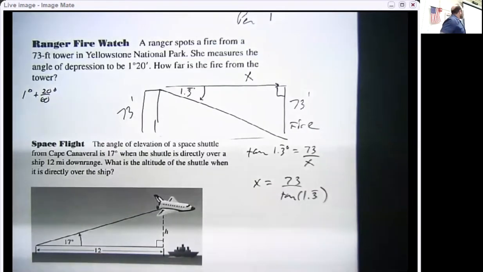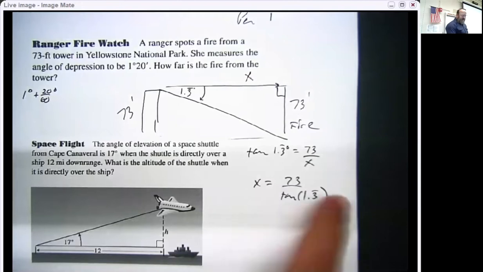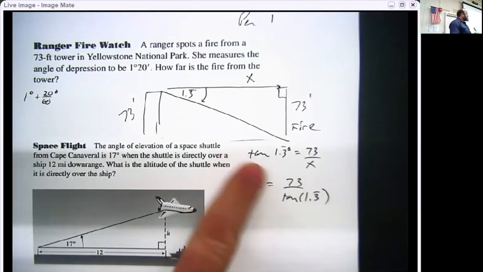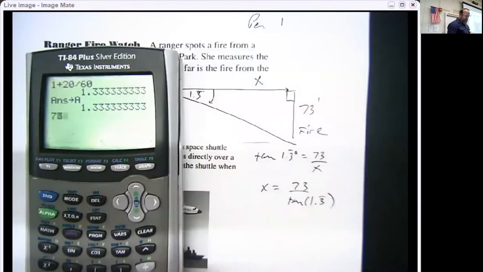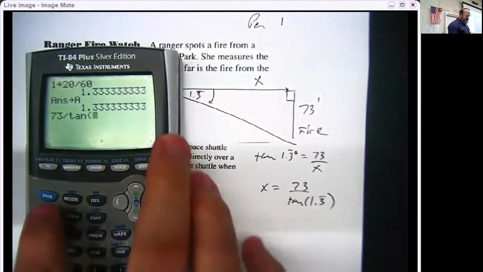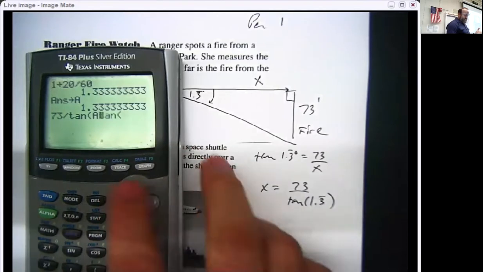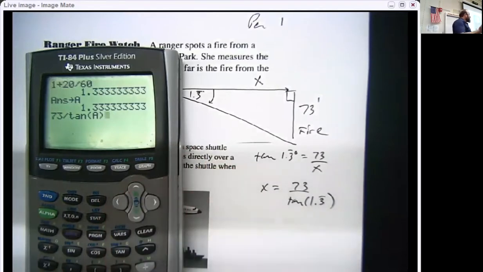But ultimately, if I cross multiply, the x's up here and then I'm going to divide. So what's left? Let's just take 73 and divide it by the tangent of 1.3 with a line over it, which of course I called A, so I didn't have to type it over again, right? You guys cool with that? So how far is she away from this fire?